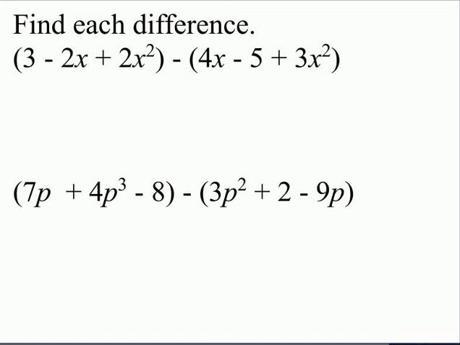Okay, now we're going to find the difference. So 3 minus 2x plus 2x squared minus the quantity 4x minus 5 plus 3x squared. So biggest mistake people make is they don't change this.